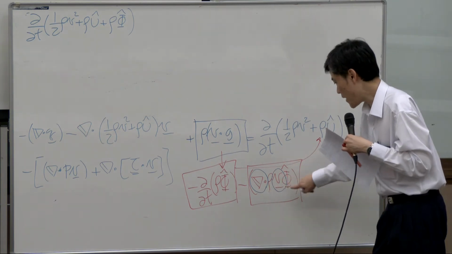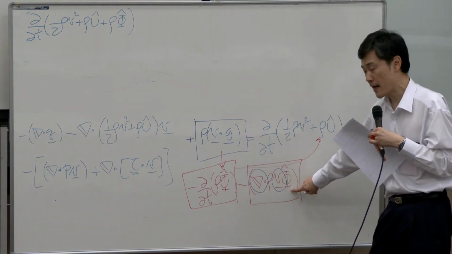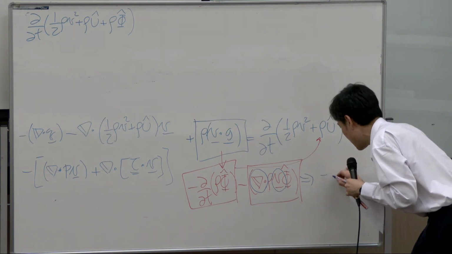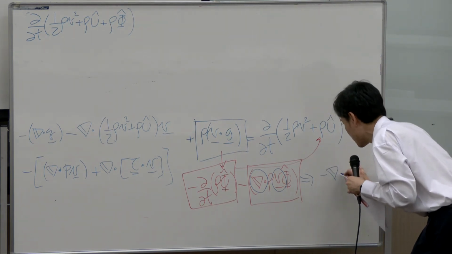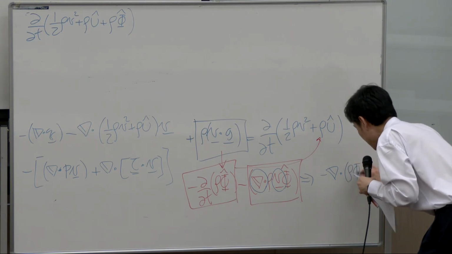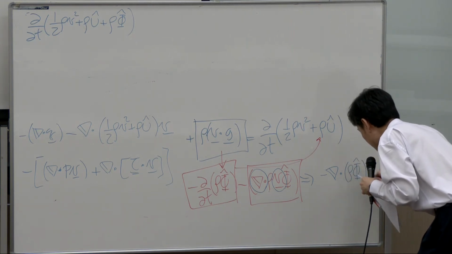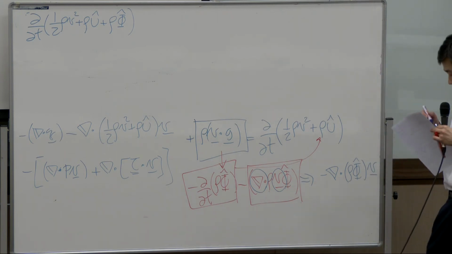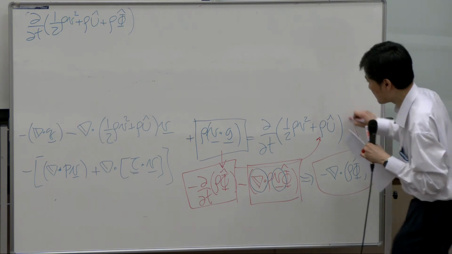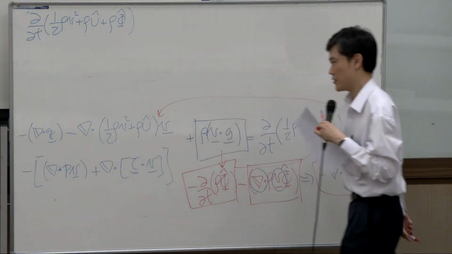Rho and phi are scalars, so I can rearrange this a bit to be minus del dot rho phi times v, and move this whole term here to join this term.